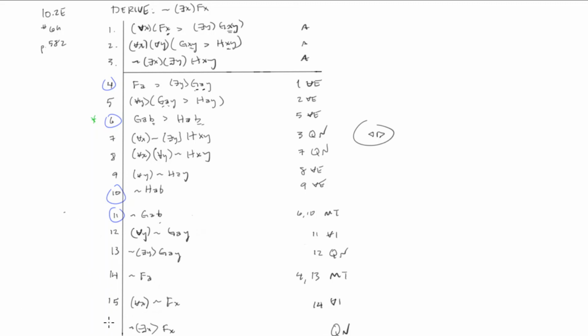And then line 16 is quantifier negation on line 15, okay? So that turned out to be a 16-step proof. That was a fairly direct, straightforward way of doing it, although it does involve some SD plus rules. It wasn't the only way to do it, but it's a good way to do it, okay?